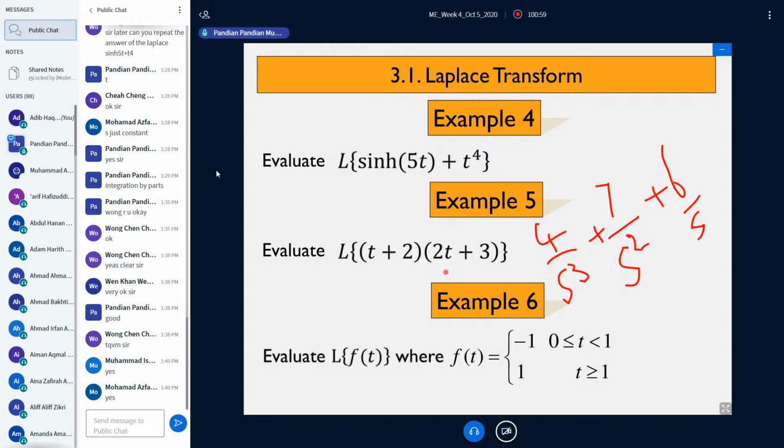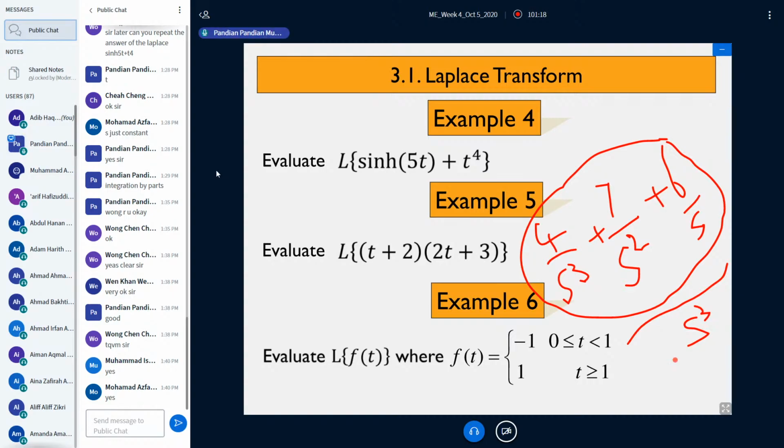So Laplace of 2t squared plus Laplace of 7t plus Laplace of 6. You can simplify these three terms, it's up to you. You can simplify using the common factor, s cubed, like this.